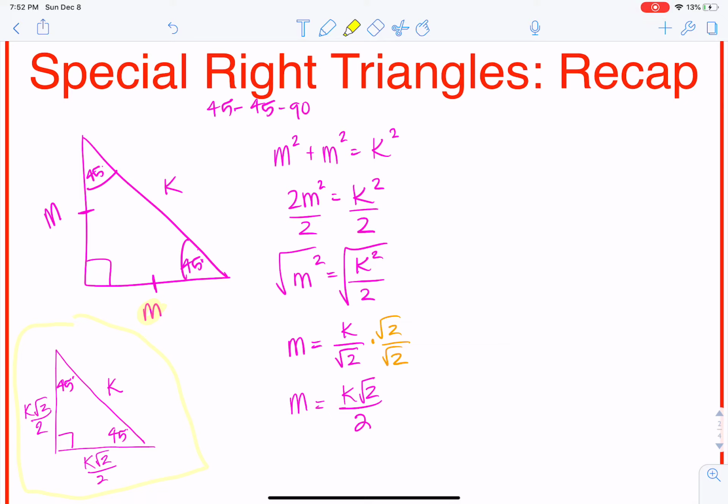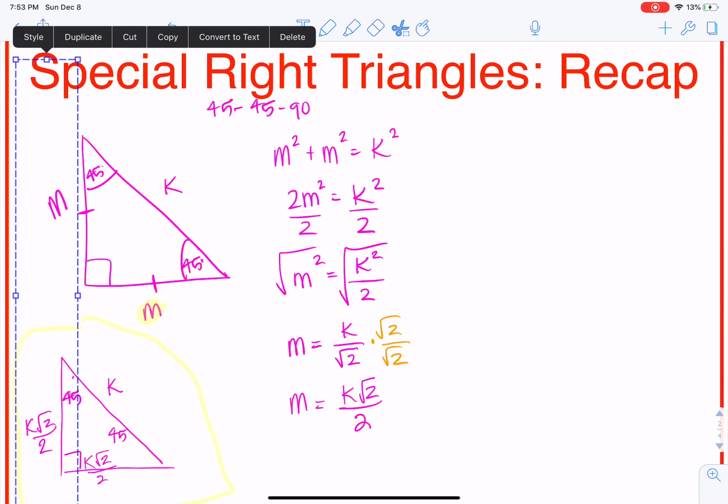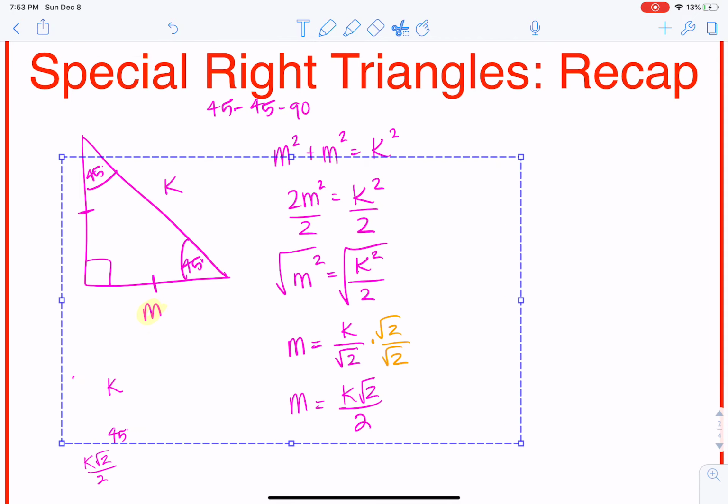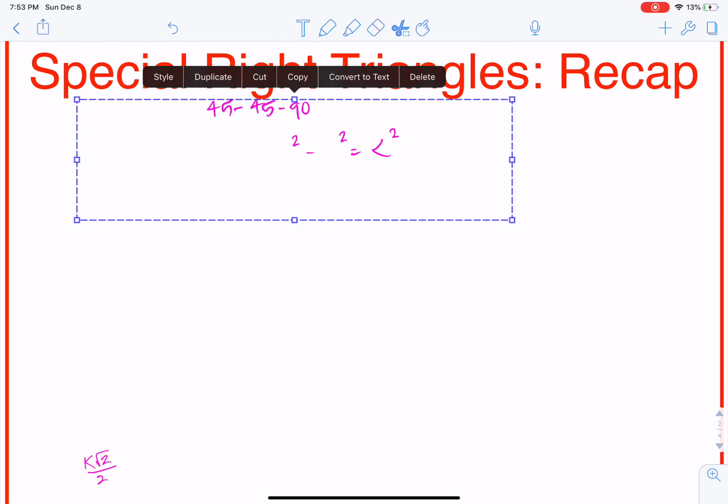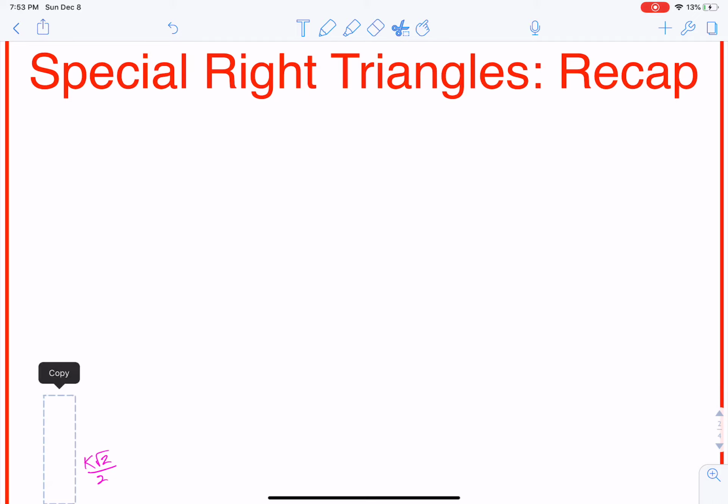Before we get to that, I want to talk about the other special right triangle, which is my 30, 60, 90 triangle. So here, let's go ahead and delete this. We'll delete some of this here. So let's talk about my other special right triangle, which is my 30, 60, 90 triangle.